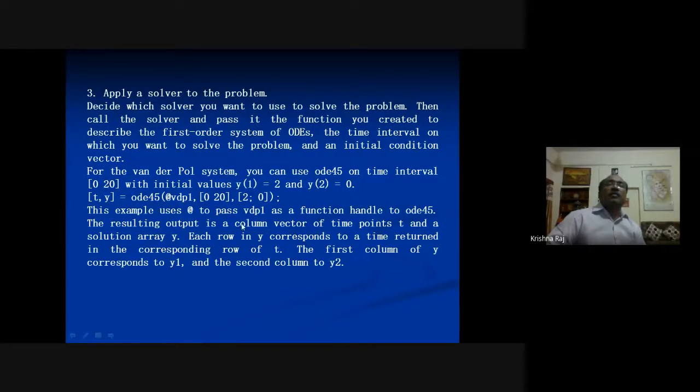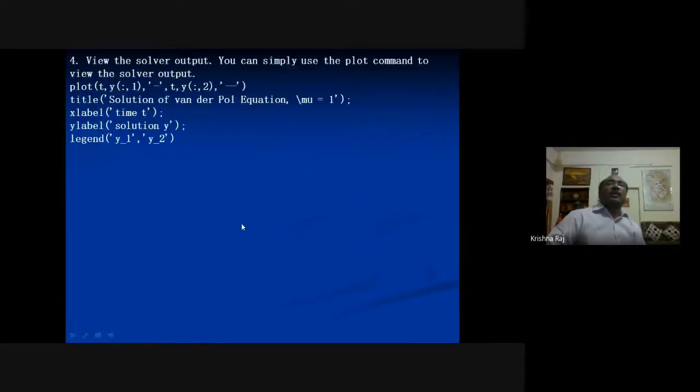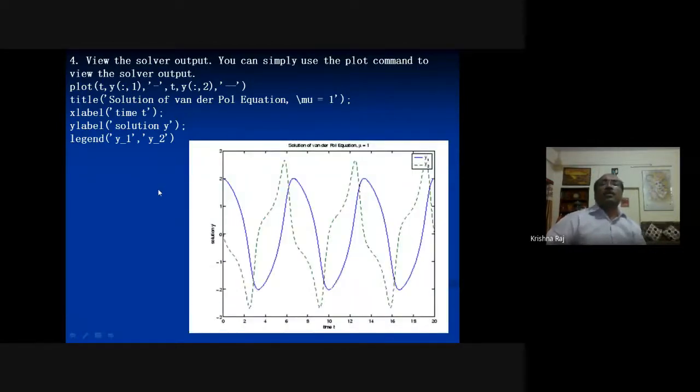And if we apply this function here, we will view the result, and whatever the result is, it can be seen in the form of a plot. In order to get the plot, we will use a very simple command, that is plot t comma y, and now see the result here. This is the wonderful equation, having the differential equation for mu equal to 1.